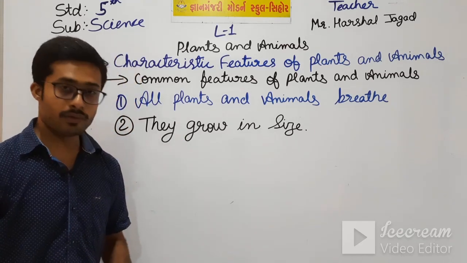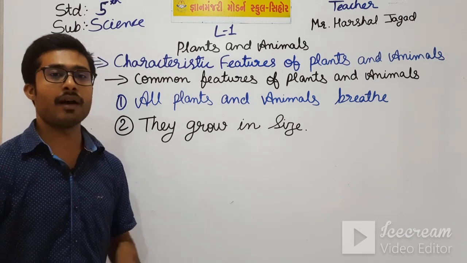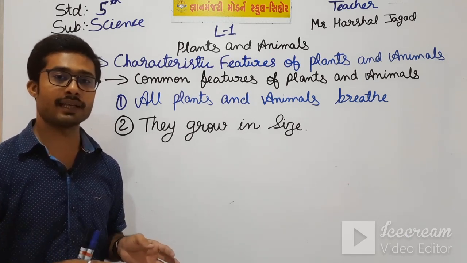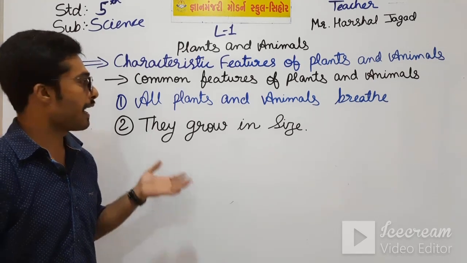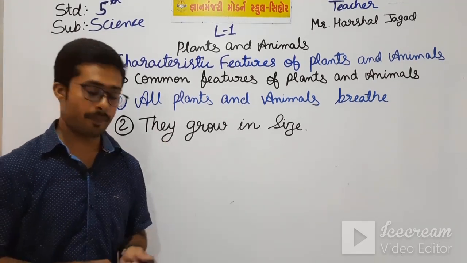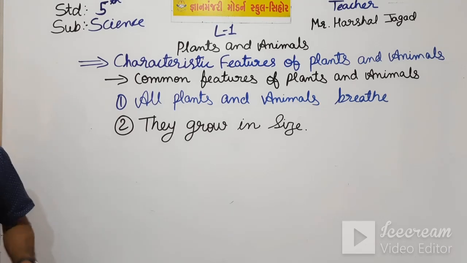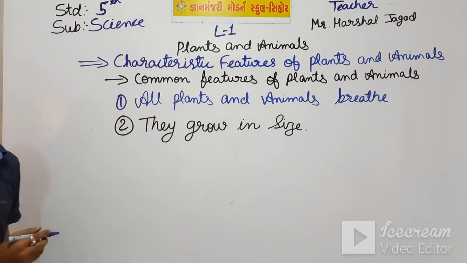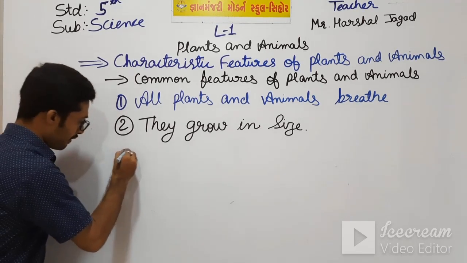Plants, when you sow the seed, it is small, then after watering and due to the sun, it grows up, and animals also grow up. The third feature is they feel and respond to stimulus.